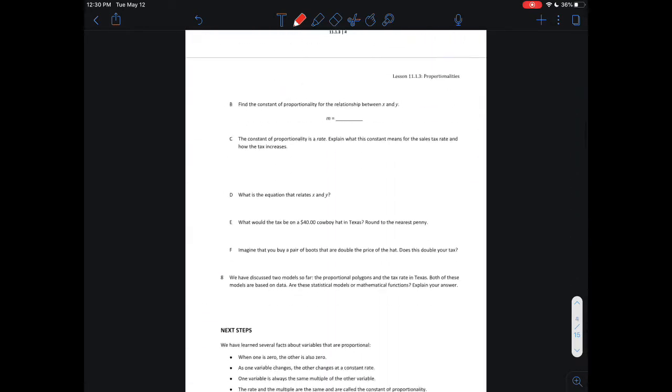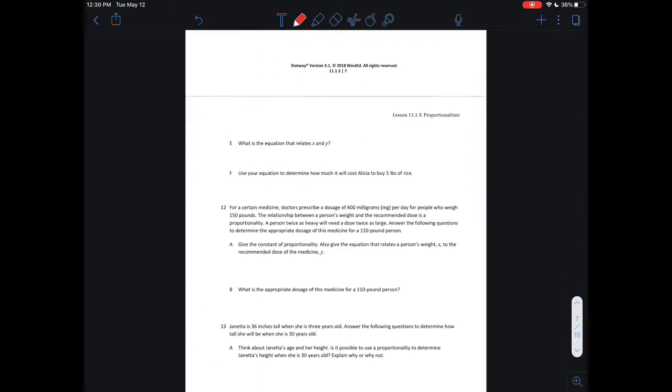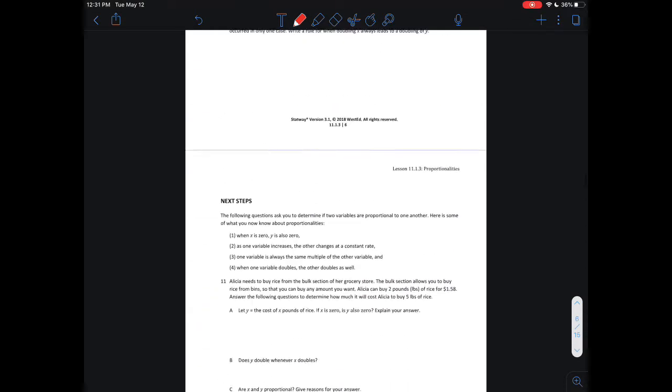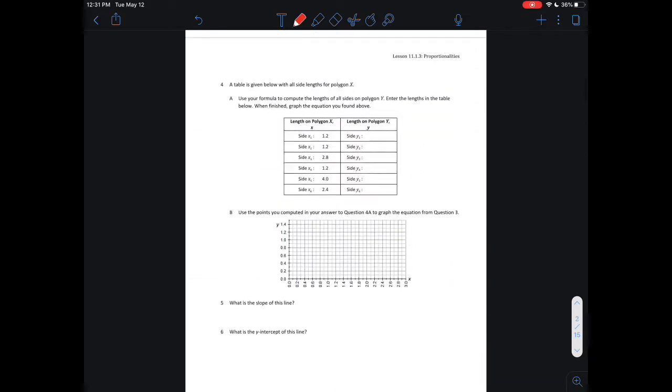If you're looking at those shapes, you might say something like, well, they both seem L-shaped, like a capital L. So if they're both L-shaped, maybe we could compare sides that are in the same place on the L shape and then measure them to see if they have some sort of relation. So that's one idea.